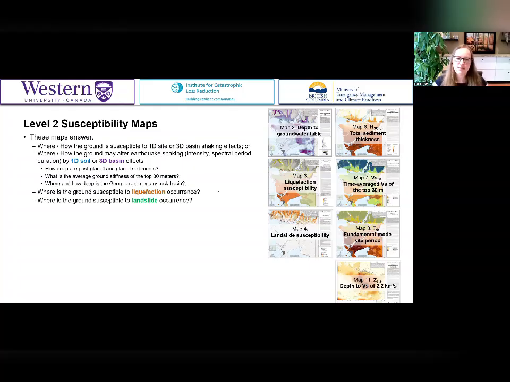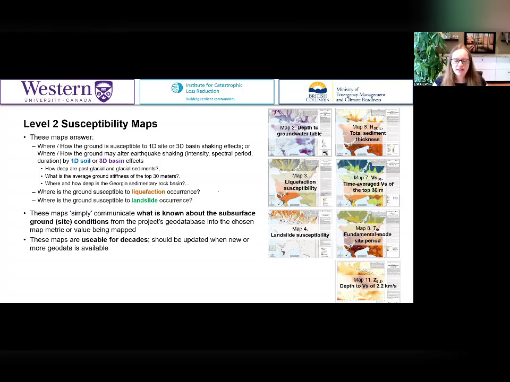Or is the ground susceptible to liquefaction or landslide? So these maps are simple in that they're just communicating about the subsurface ground conditions, or translate the geodata into maps. And we chose the map metric or value to be mapped, but the geodatabase should be available in the future, so that you can make your own map in future as well.